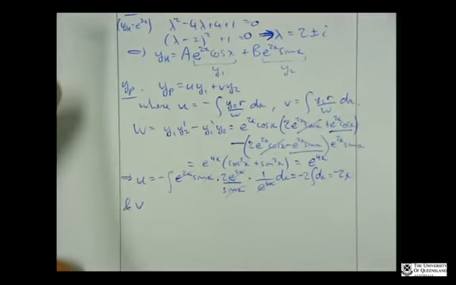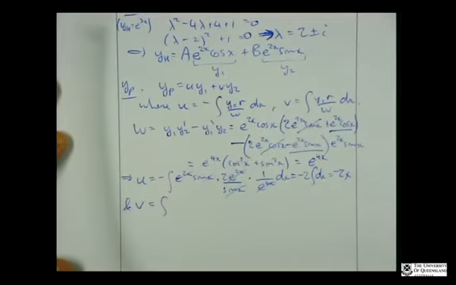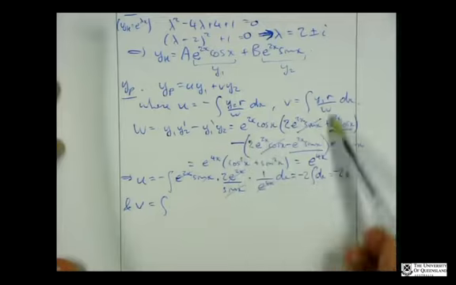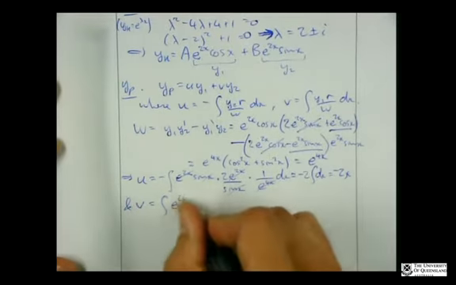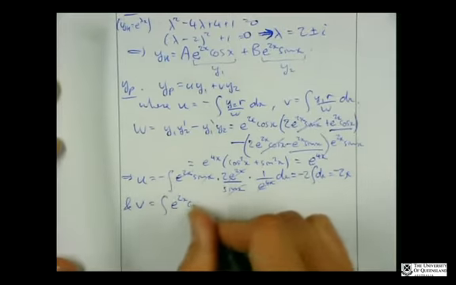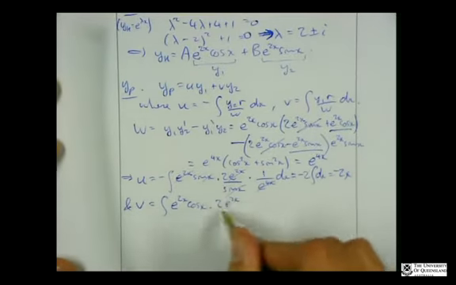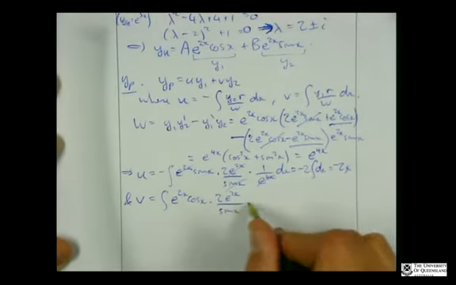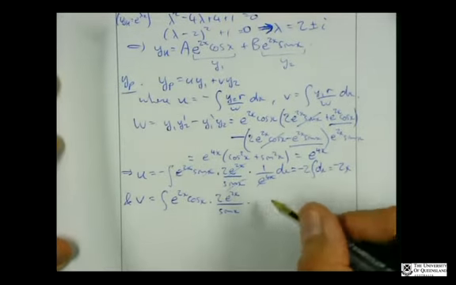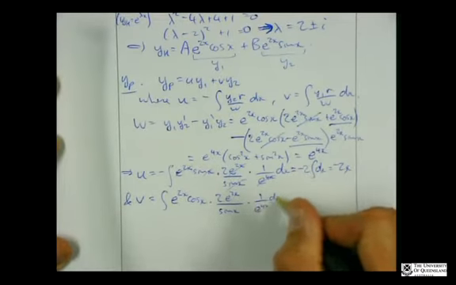And the function v that we're looking for is the integral of y1, which is e to the 2x cos x, multiplied by the function on the right-hand side, which is 2e to the 2x divided by sine x, and then divided by the Wronskian, or multiplied by 1 over e to the 4x.